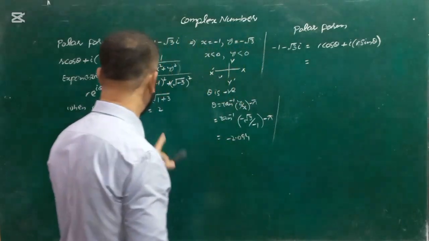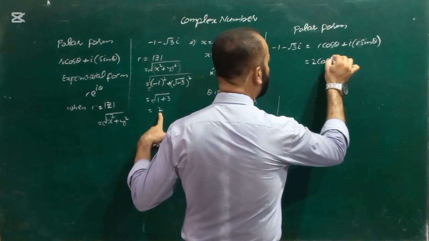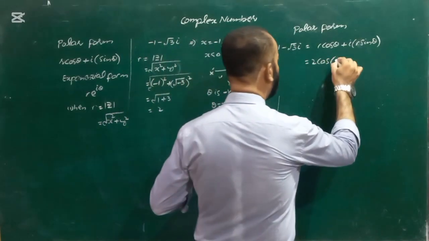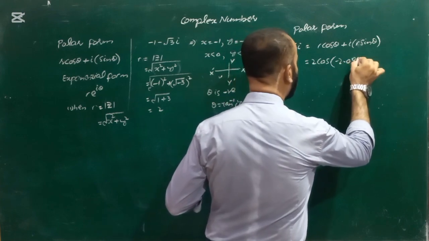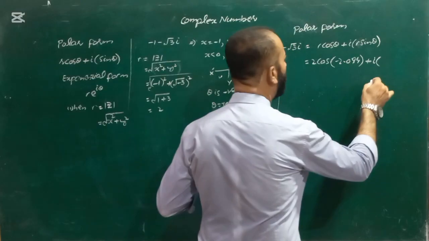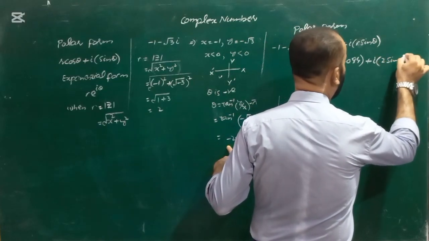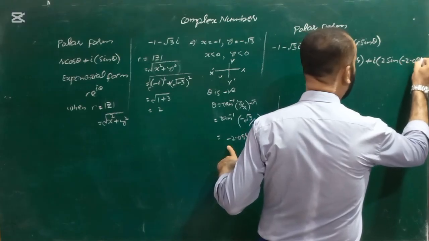So r is 2 cos, theta is minus 2.094, plus iota, r is 2 sine, and theta is minus 2.094.